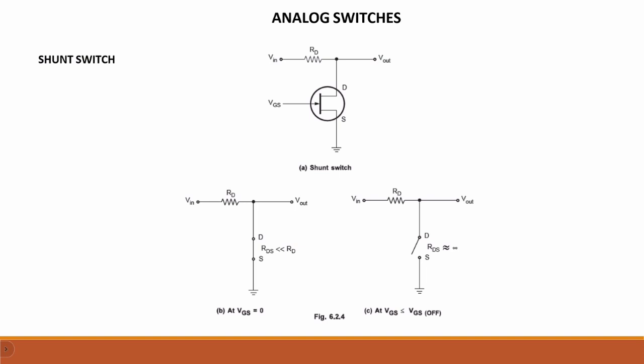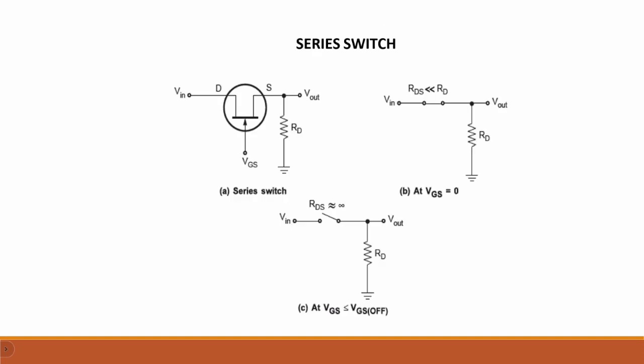Like the shunt switch, in the series switch the FET transistor is connected in series with the RD resistor. By giving 0 voltage to the gate terminal, the transistor will be enabled and the Vout output is equal to Vin. While giving a more negative voltage to the gate terminal, the Vout output is equal to 0.